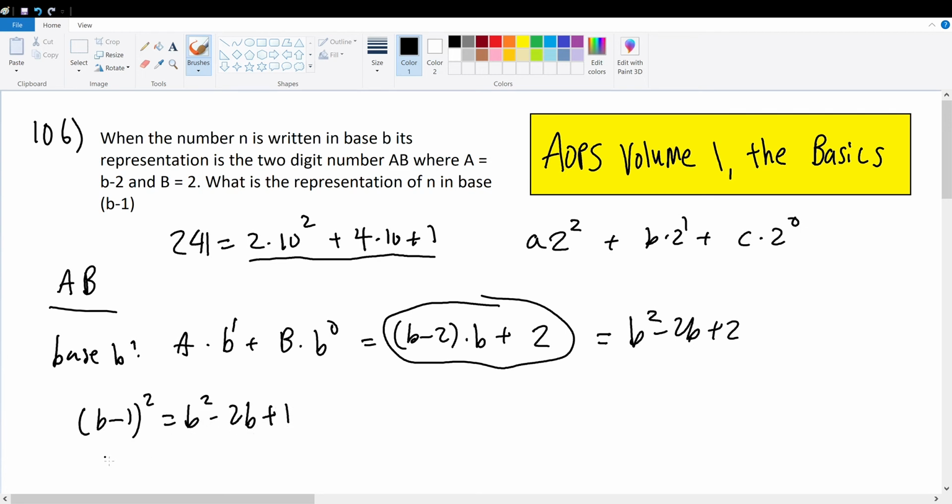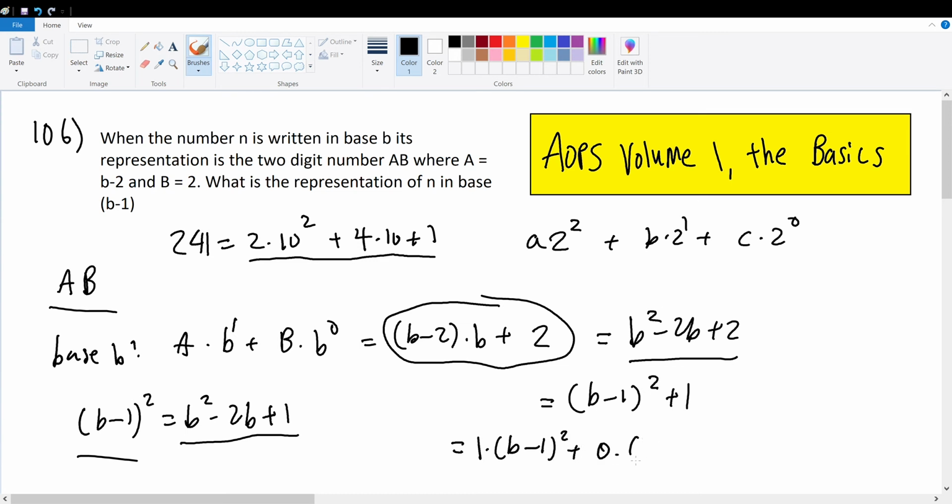So this quantity, b minus 1 squared, is just one off from this quantity. So we can rewrite this to be equal to b minus 1 squared plus 1, correct? What can we rewrite this to be equal to? This is equal to 1 times b minus 1 squared plus 0 times b minus 1 to the first power plus 1 times b minus 1 to the 0 power.